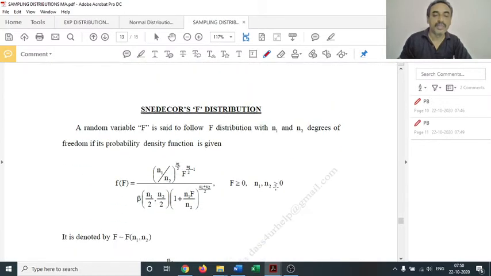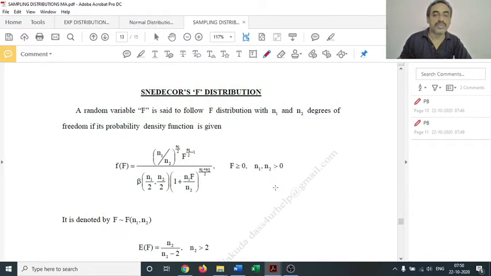Next, we have the Snedecor's F distribution. The PDF is given as f(f) equals (n1 by n2) whole power n1 by 2, f raised to n1 by 2 minus 1, divided by beta(n1 by 2, n2 by 2) times (1 plus n1 by n2 f) all raised to (n1 plus n2) by 2, for f greater than or equal to 0 and n1, n2 greater than 0.